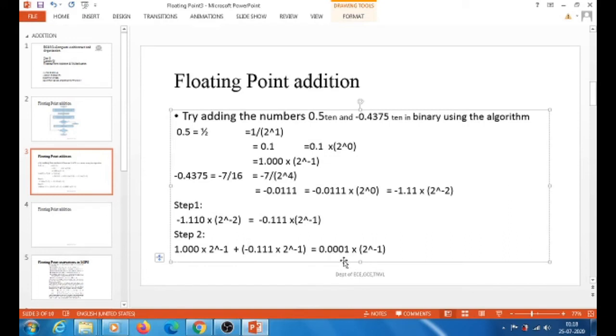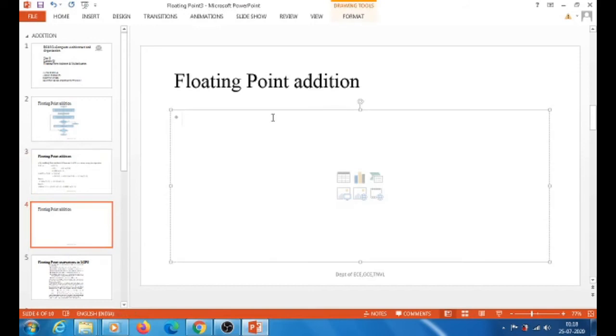If we come to step 3, we need to normalize the sum, then check for overflow or underflow. Okay. So step 3 is we need to normalize the sum and check for overflow or underflow. What is the sum? It is 0.001 into 2 raised minus 1.